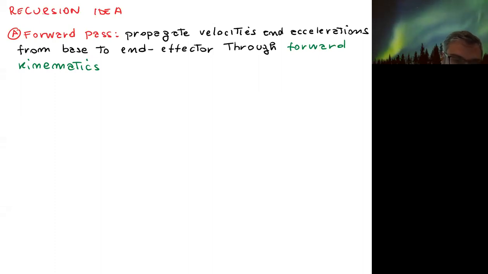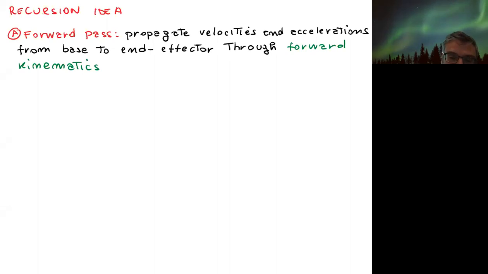And we can use to do so the recursive formalism with moving frames that we used for the geometric computation of the geometric Jacobian. So we start from the base frame. We have an initial velocity in the base frame, and an acceleration. We transmit this to the next body. We apply the joint acceleration, and we compute the velocity and acceleration for the next link.